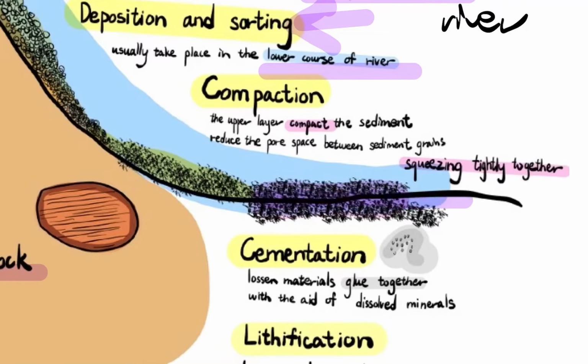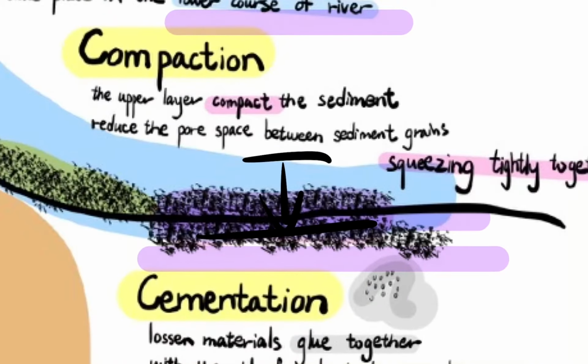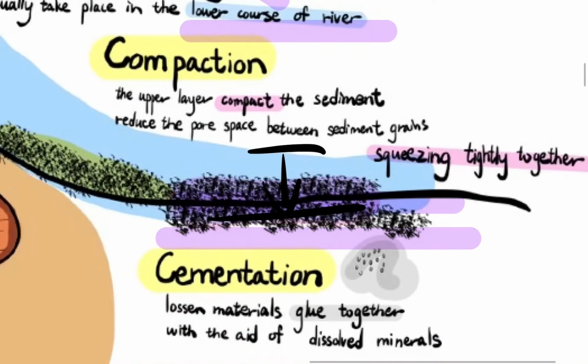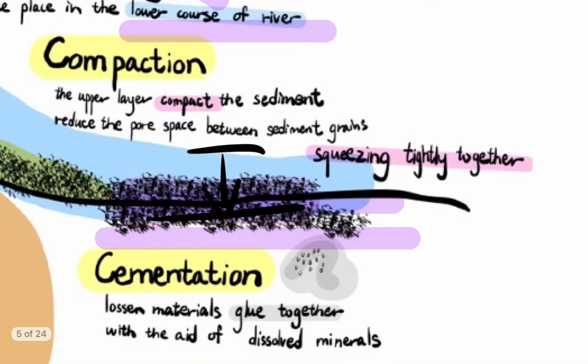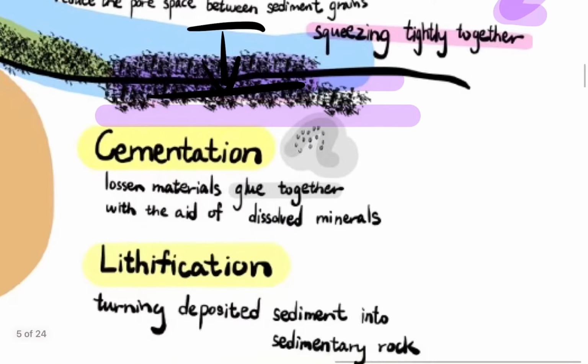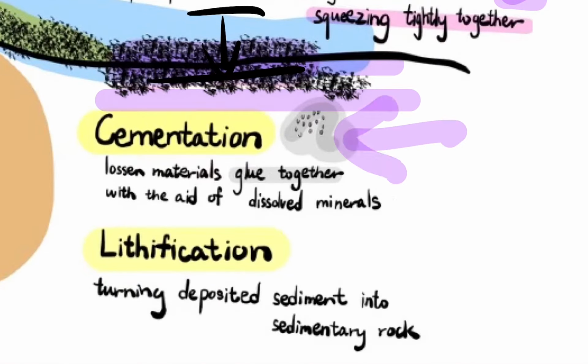Then is the compaction. Compaction is squeezing tightly. The upper layer compacts the sediments and reduces the pore space between each sediment grain, squeezing tightly together. You need to emphasize it's tightly together. After that is the cementation.